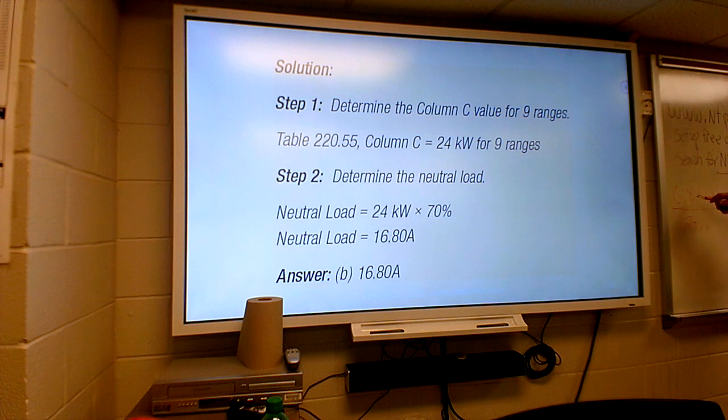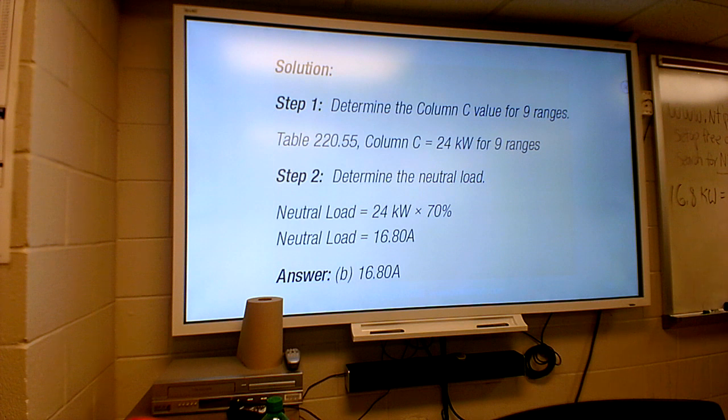So if you figure it like this, 16.8 kilowatts equals, if you go to regular wattage, you move the decimal over 3 places, 1, 2, 3.